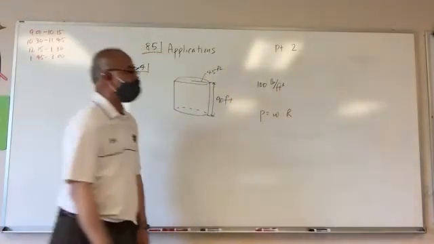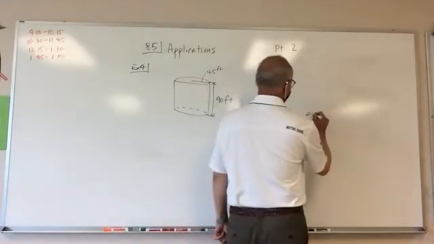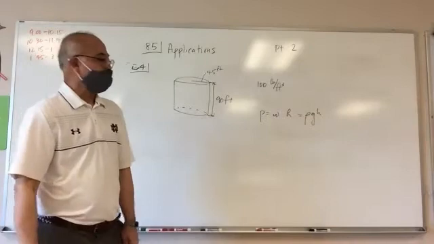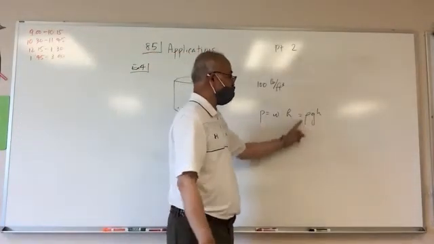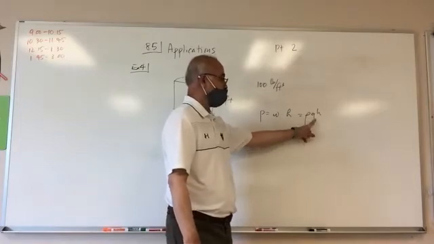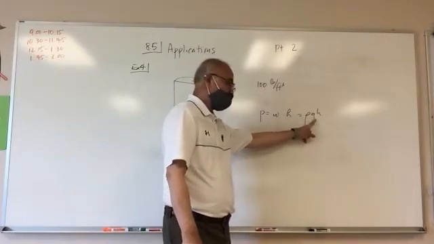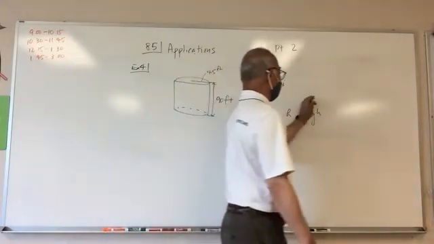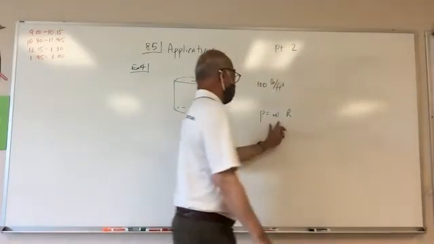You'll normally see this represented as rho g h, okay? So this would be the actual density times the gravitational constant. But the book is using this, so we'll stick with this.